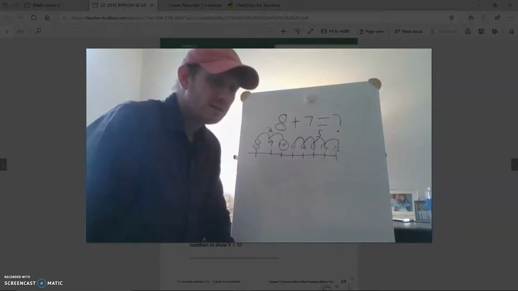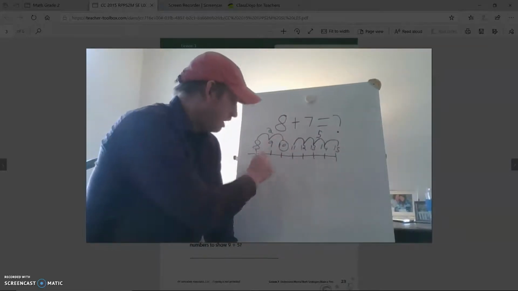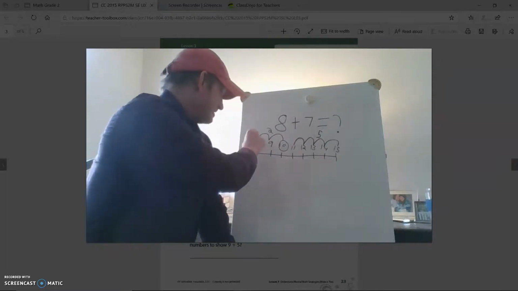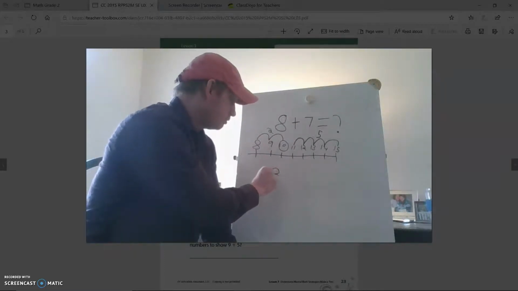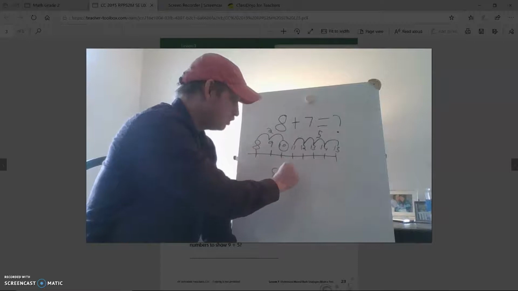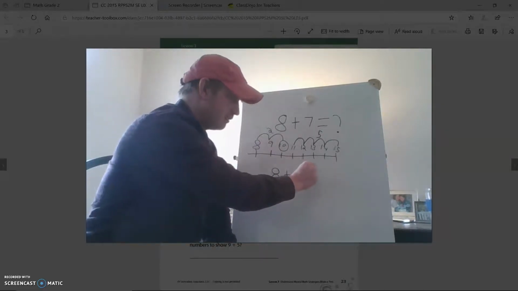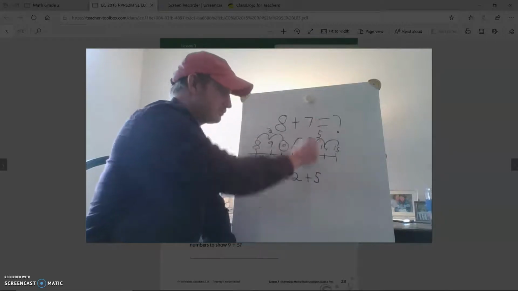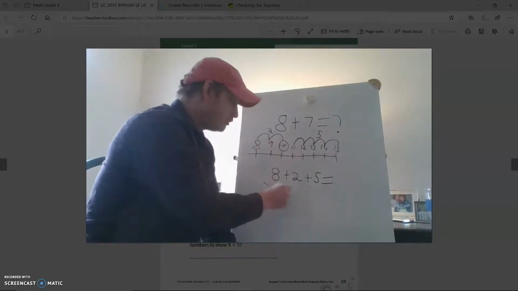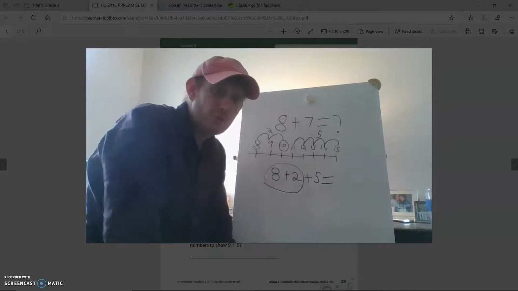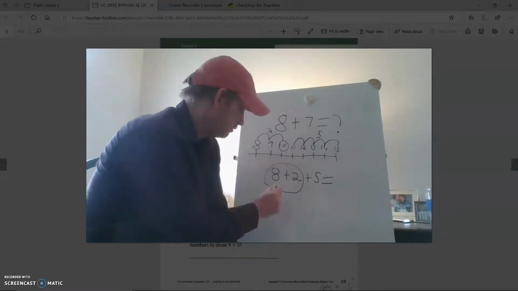So that would mean, looking at our number line, that 8 plus 7 is the same as 8 plus 2 plus 5. Well, 8 and 2, that's one of our magic combinations that makes 10.